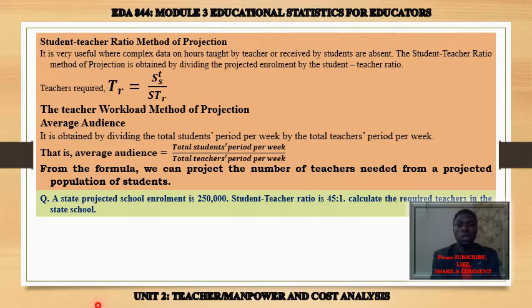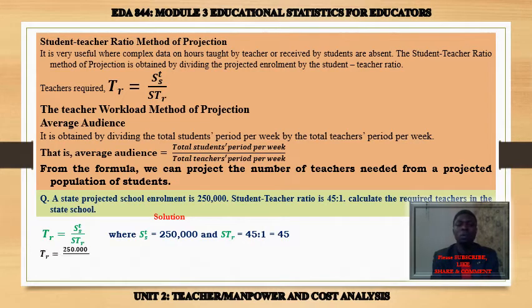So when we do this, we are simply going to have a solution this way. The formula again, where this is equal to 250,000 and the student teacher ratio is 45 ratio 1, which is 45, and we are simply going to have 250,000 over 45, and this will give us 5,555.56.